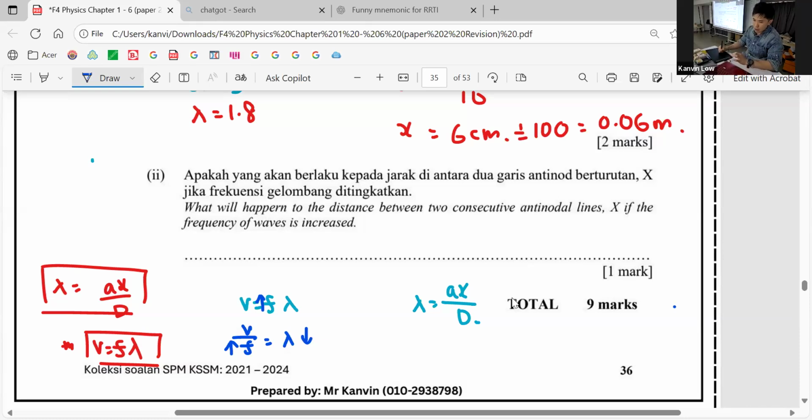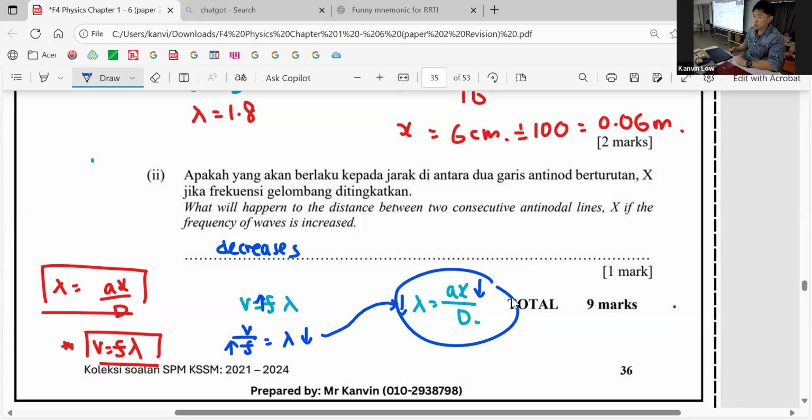So when your lambda decreases, what happens to the x? Decrease. So when your lambda decreases, your x decreases, but your d will increase. So that's why, what happens to the x? It decreases. So remember, you have to play around with this formula.